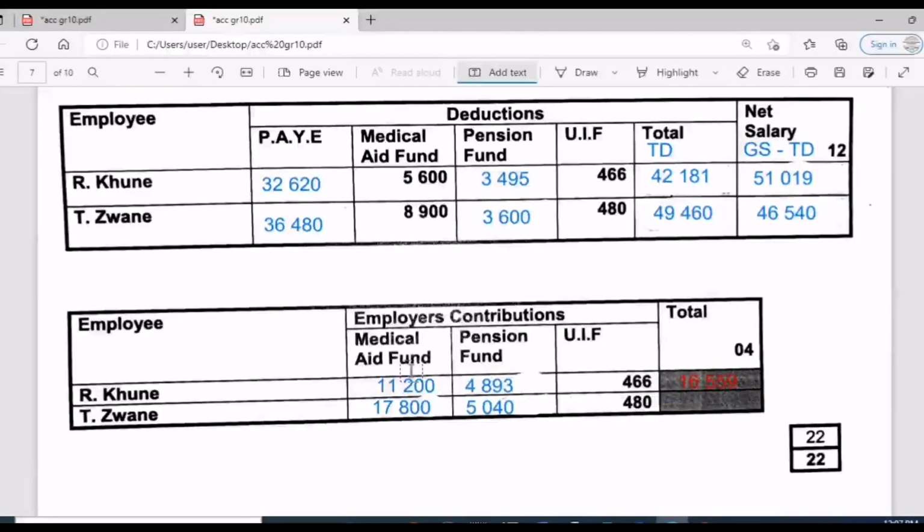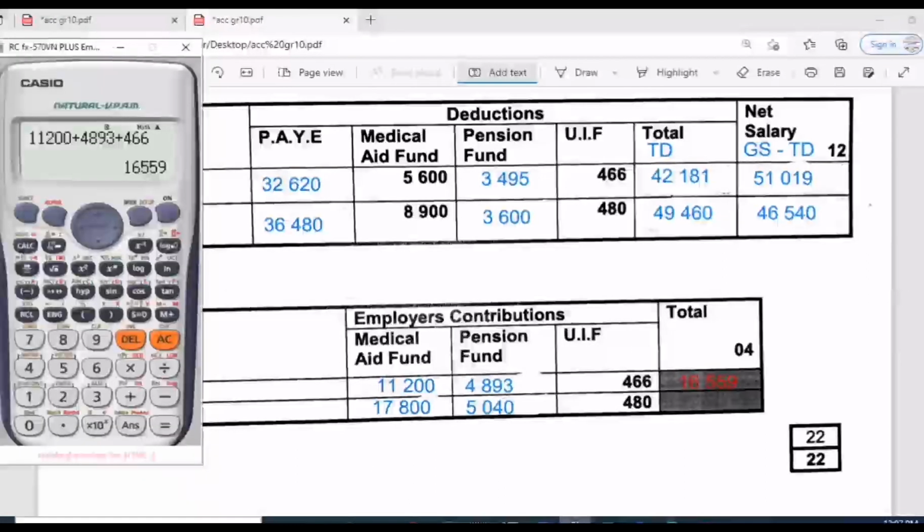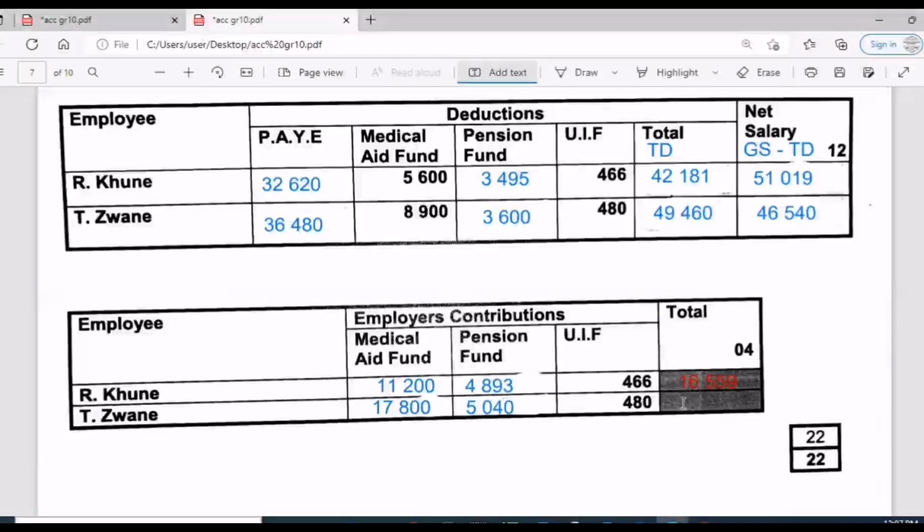And then for Zwane, take 17,800, you add 5,040 and 480. So for Zwane it is 23,320. But this is not required.